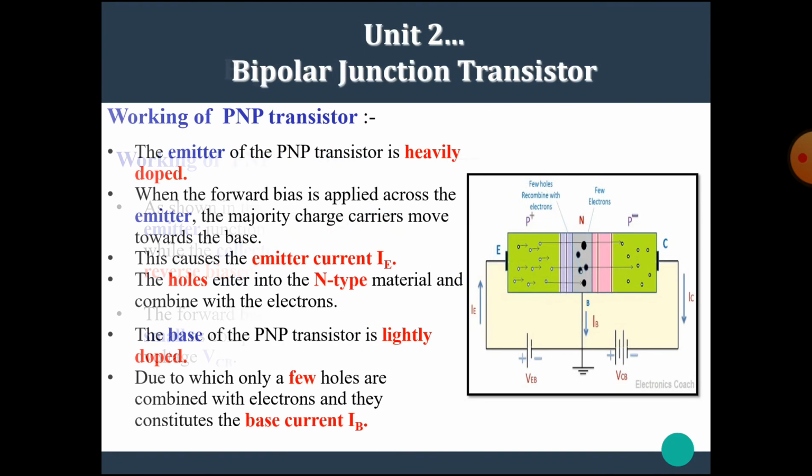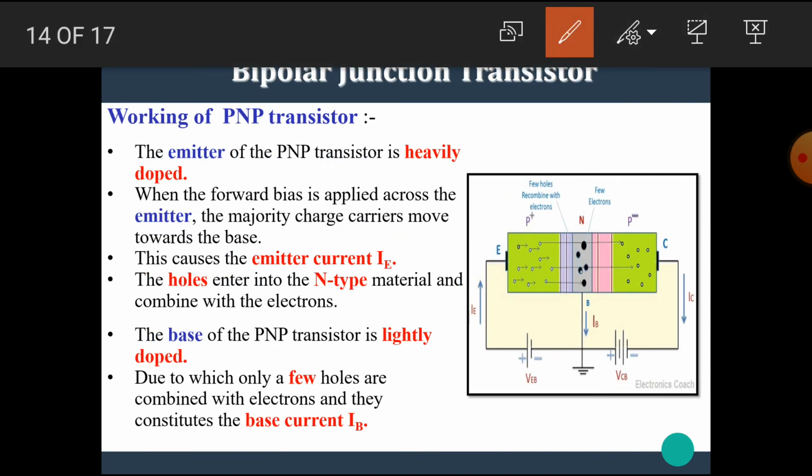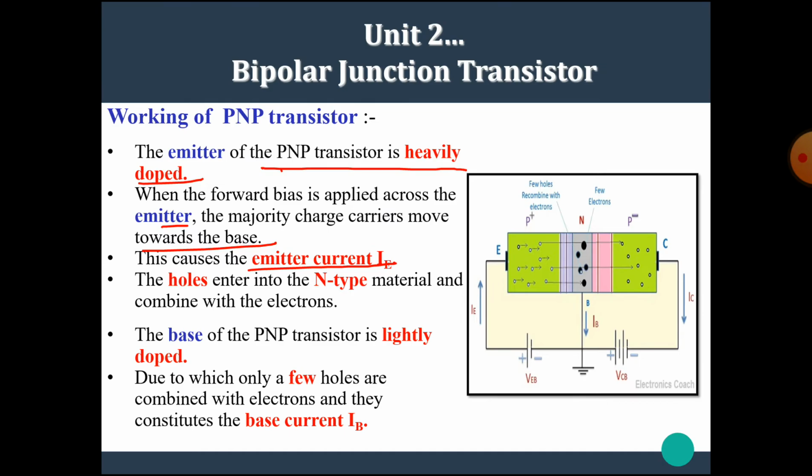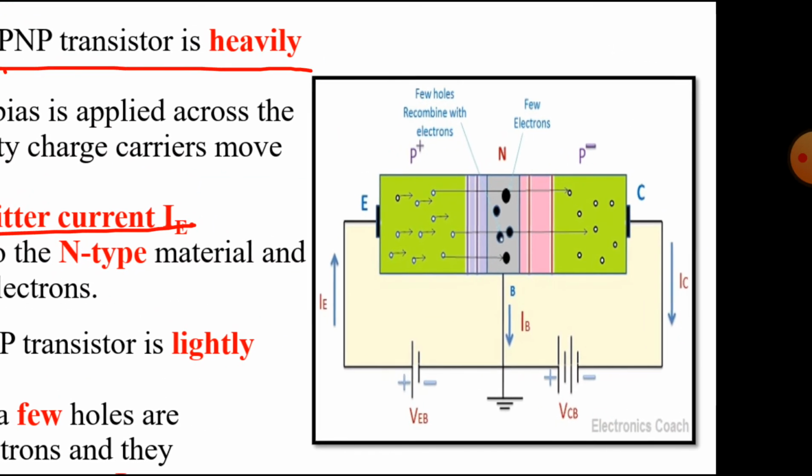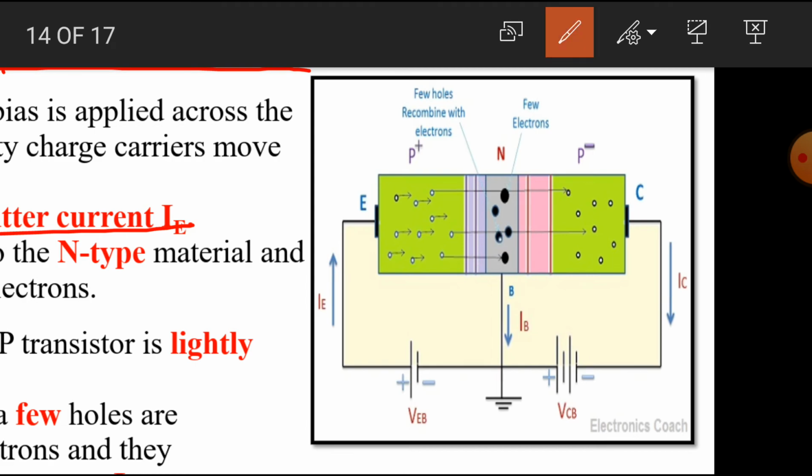Okay, now let's see the next point. The emitter of the PNP transistor is heavily doped. When the forward bias is applied across the emitter, the majority charge carriers move towards the base. This causes the emitter current IE. That means when the forward bias is applied, the positive terminal is connected to the p-type material.